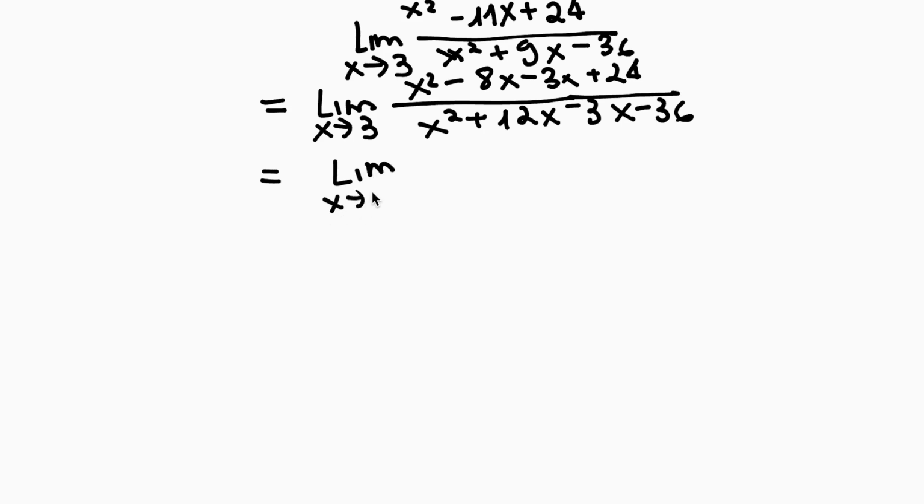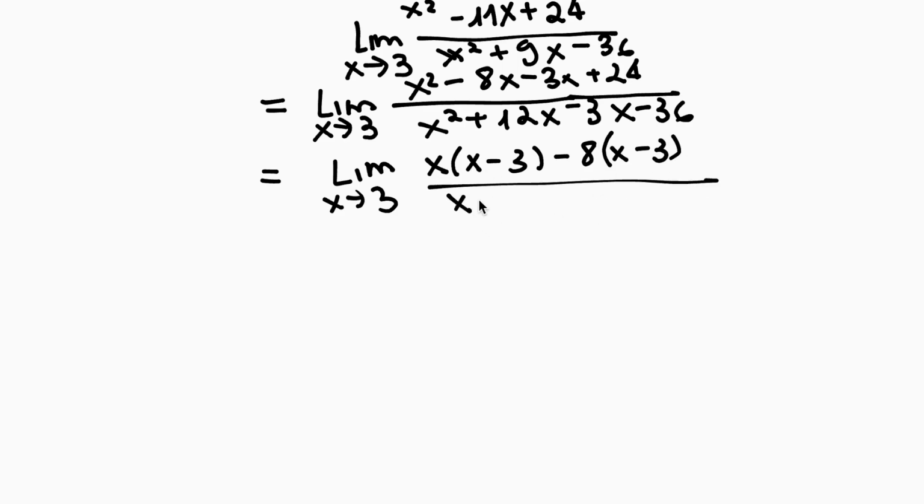I'm going to group them together: this one with this one, this one with this one. It is going to be x times x minus 3 minus 8 times x minus 3 bracket, and then x bracket x minus 3, and then plus 12 times x minus 3.